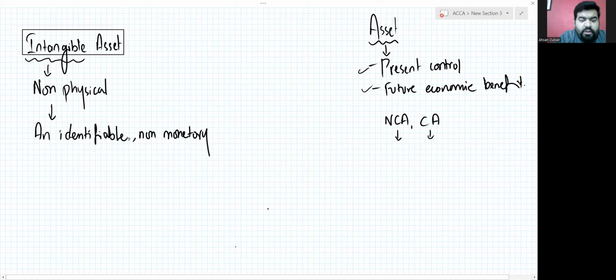I've told you that identifiable doesn't mean that if there is no physical substance we cannot identify. Identifiable is something that we can also see, that we can also feel. So an identifiable non-monetary asset, we will discuss what non-monetary is, but an identifiable non-monetary asset without physical substance.